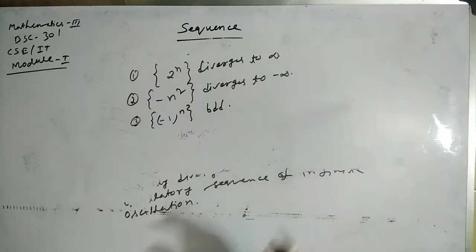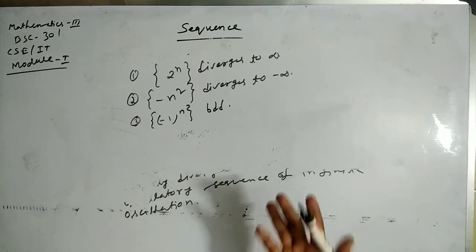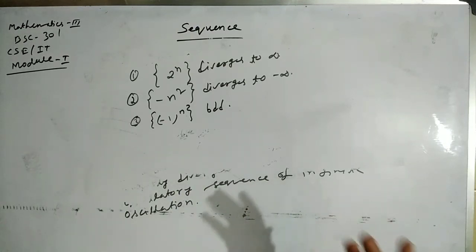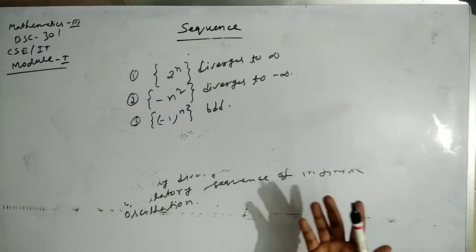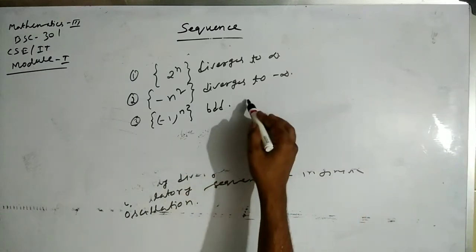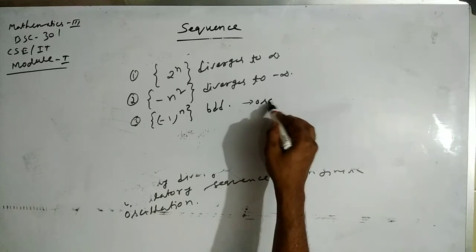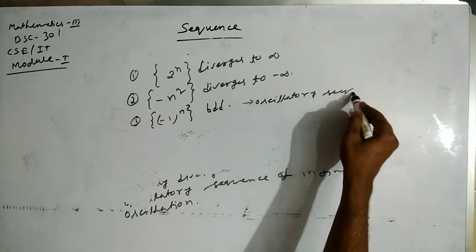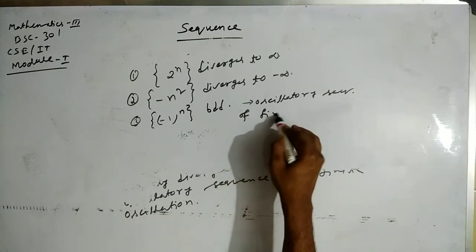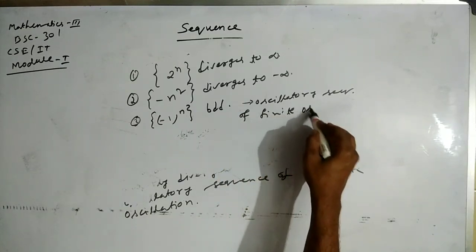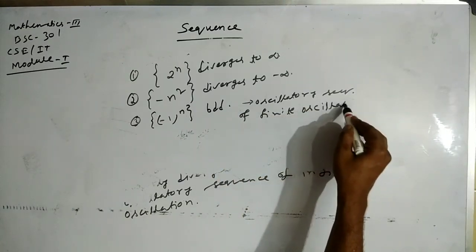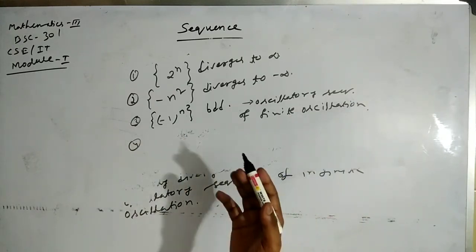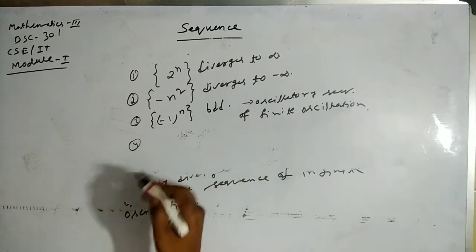So I just told you a bounded sequence which is not convergent is called an oscillatory sequence of finite oscillation. So this sequence is an oscillatory sequence of finite oscillation. Okay, so this was an example of an oscillatory sequence of finite oscillation.